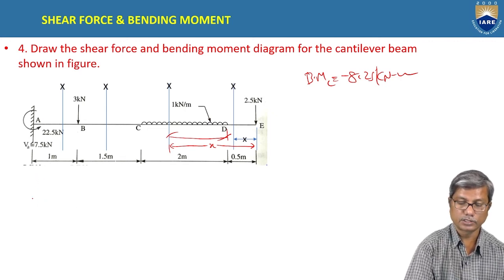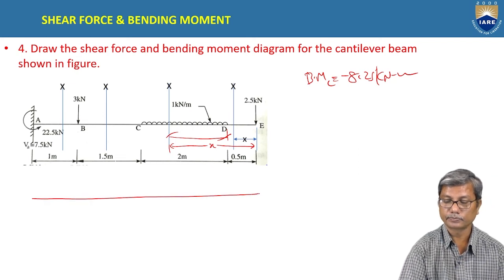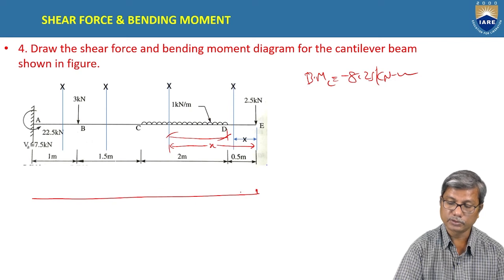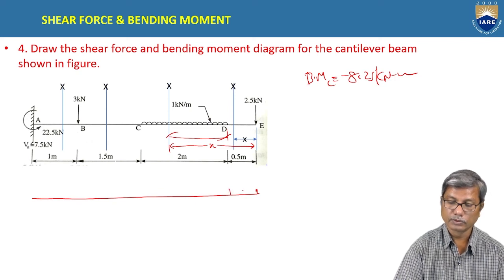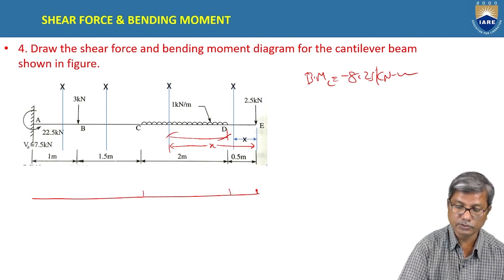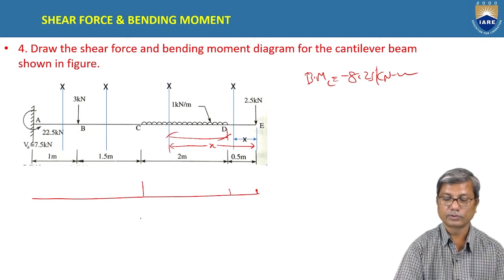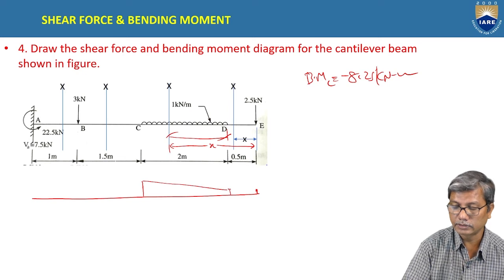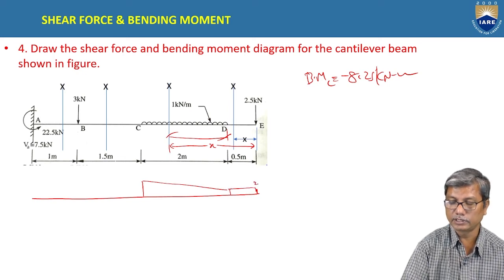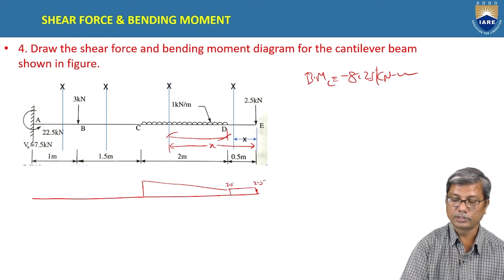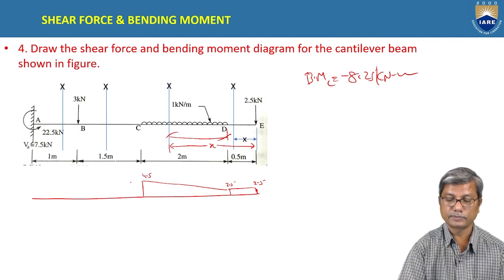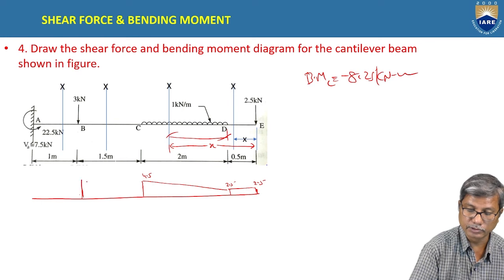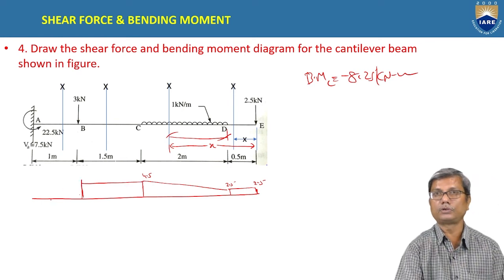Coming to the shear force diagram here. At E it is 2.5, and it varies from 2.5 to 4.5. 2.5 here and 2.5 here, 2.5 to 4.5 here. And this 4.5 remains the same between B and C because there is no load.